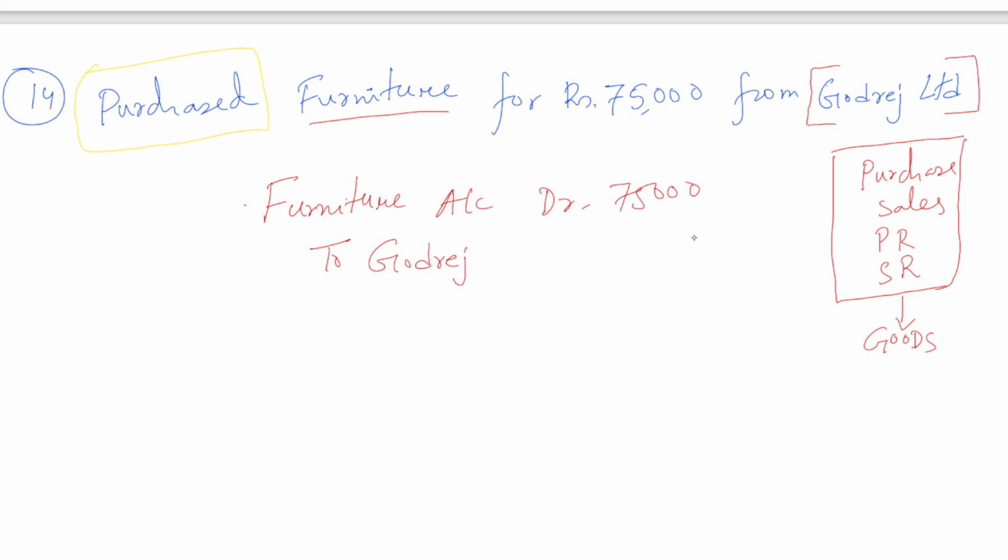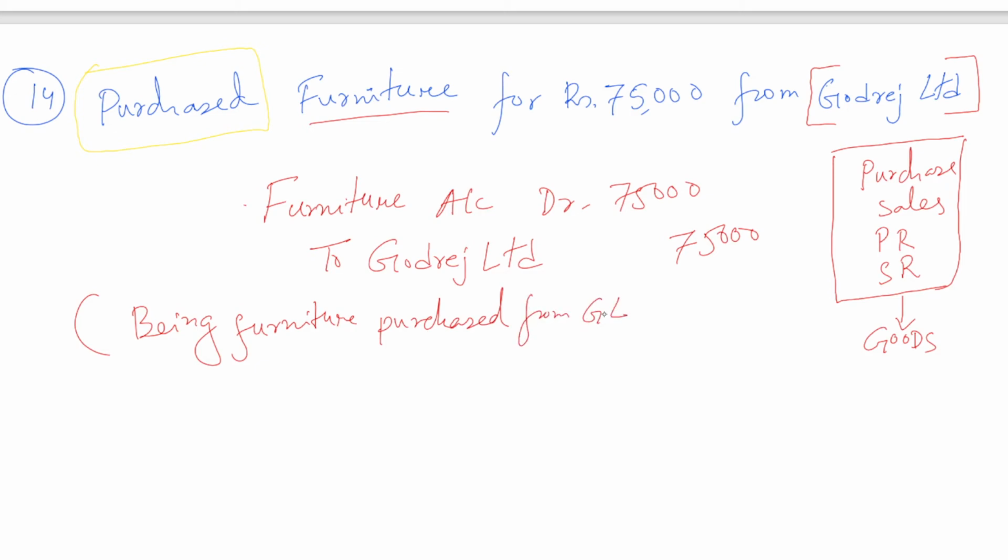If it is mentioned as cash, then we will not write Godrej Limited in the account. 75,000, being furniture purchased from Godrej Limited on credit. So this is the condition.